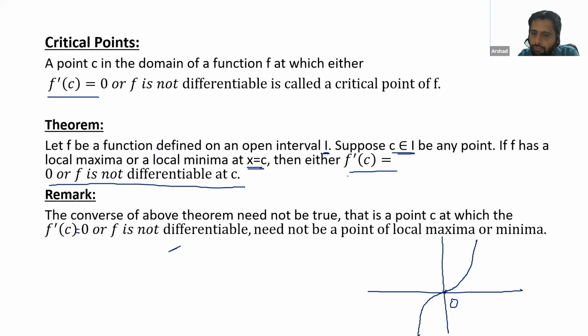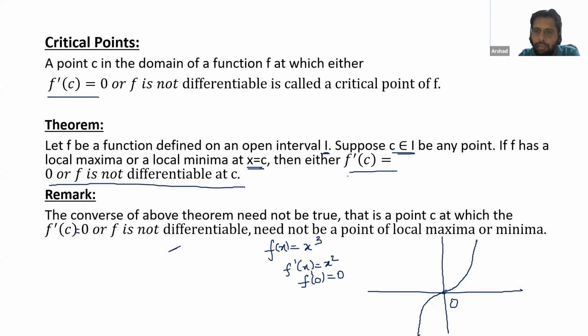At the origin, if you differentiate this function, you will get 0. Suppose f x is equal to x cube. If you differentiate this, f dash x is equal to 3x square, and you put 0 here, so you will get 0. So this is the cubic function graph, the x cube graph. If you differentiate this function and put the origin, you will get 0.